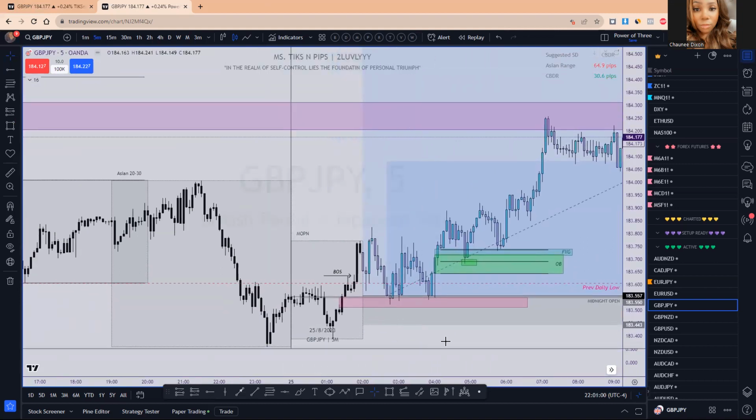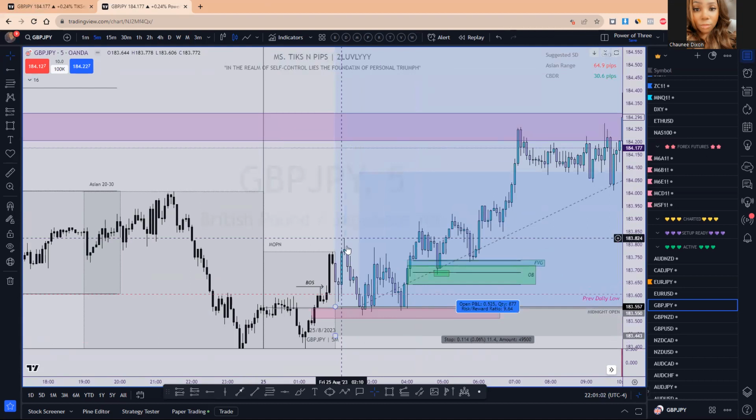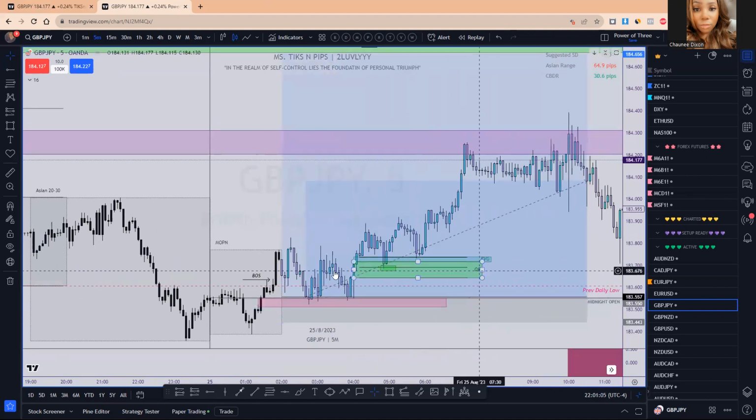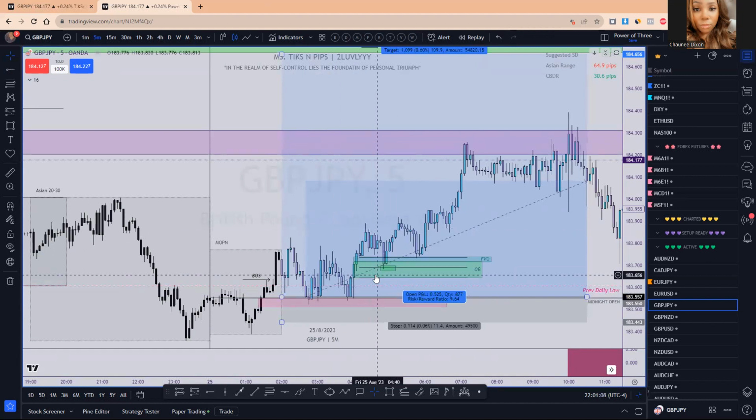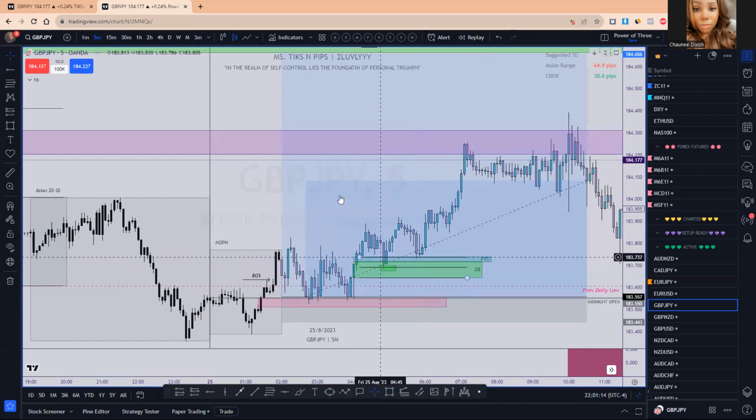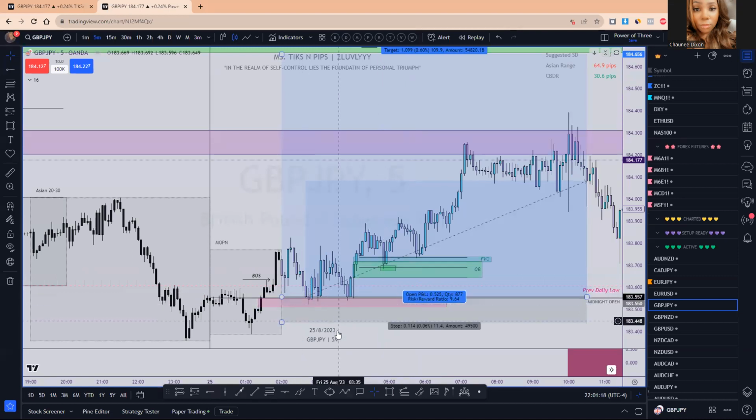Price started to move, and I think I'm getting lost in old price action, but basically price started to move up. It tapped into an earlier fair value gap somewhere around here, and then we were good. We entered, and then it did a deeper retracement and came back and tapped into the very first one that I had marked off.